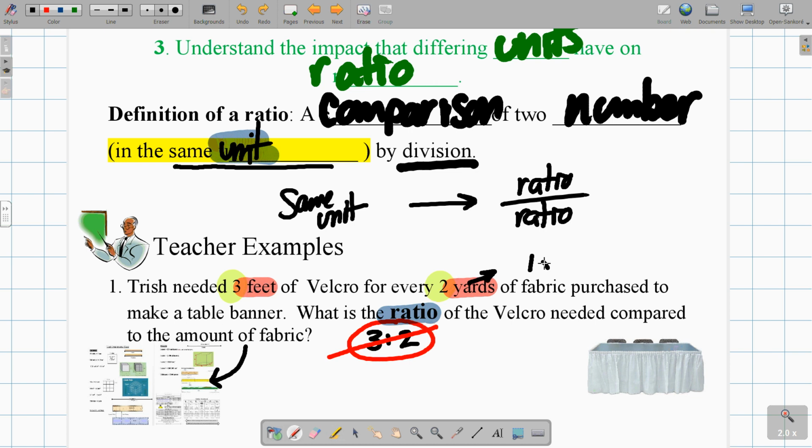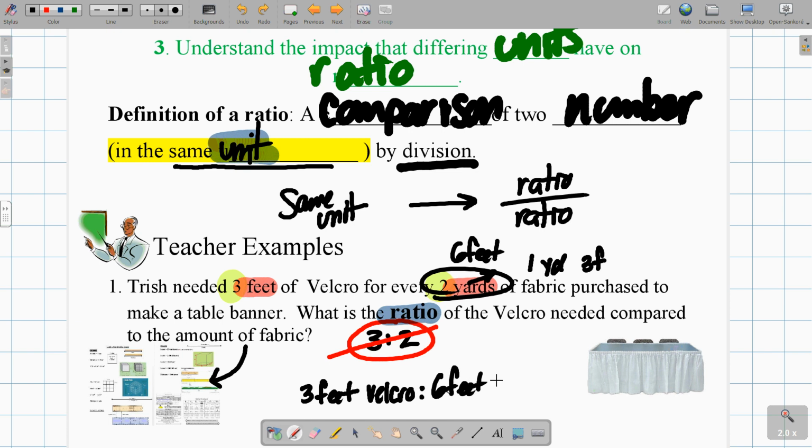I know for every 1 yard in the first dimension is 3 feet. So if I have 2 yards in the first dimension, I know this is going to be 6 feet. So the ratio, I have 3 feet Velcro for every 6 feet fabric.